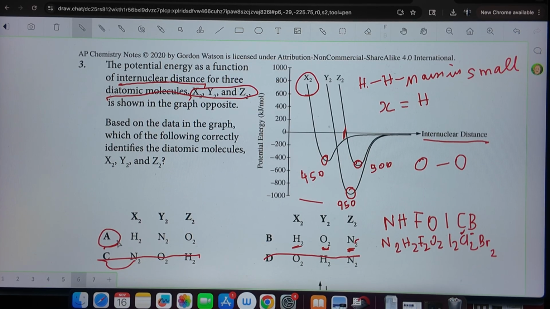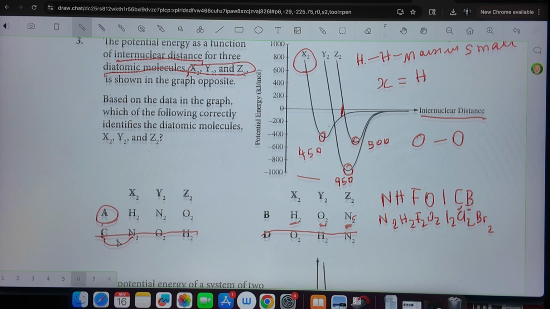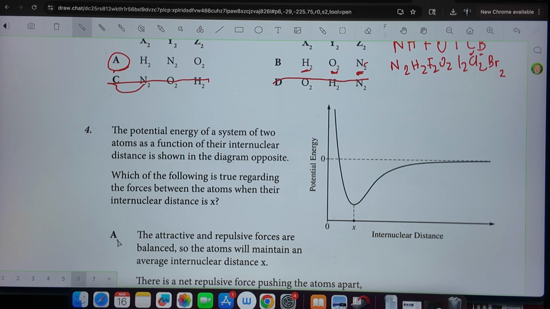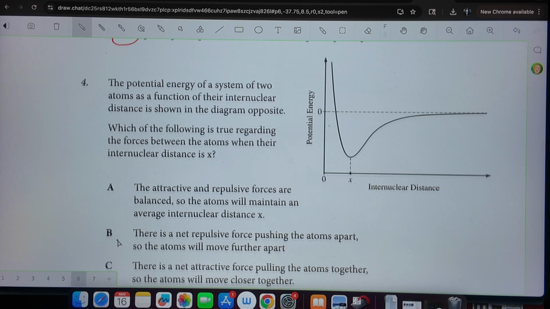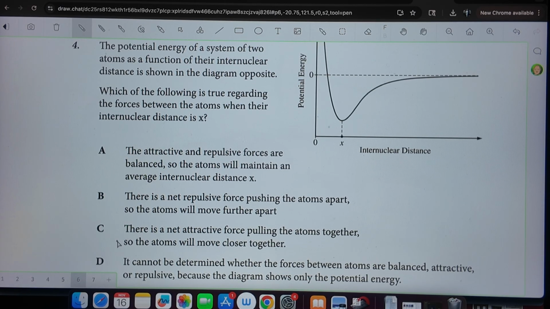Okay, moving on. Okay, this question asks about the potential energy of a system of two atoms as a function of their internuclear distances shown below.